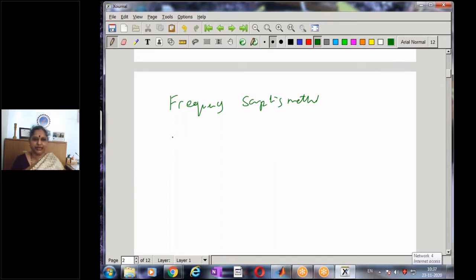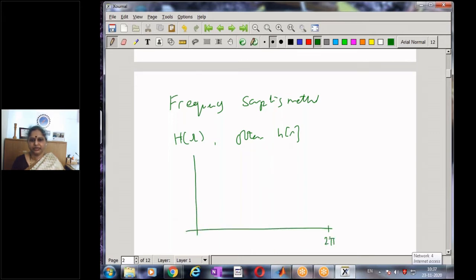Now, in this method, we are given H(omega), and we need to obtain the impulse response h(n), and then we can implement it by either direct form 1 or the linear phase realization. So here, we are given the magnitude response H(omega) of the desired filter, considering the interval, say, minus pi to pi or 0 to pi.